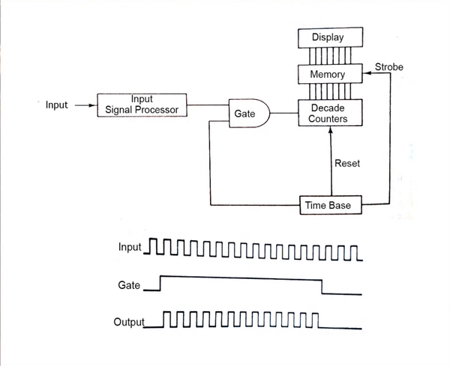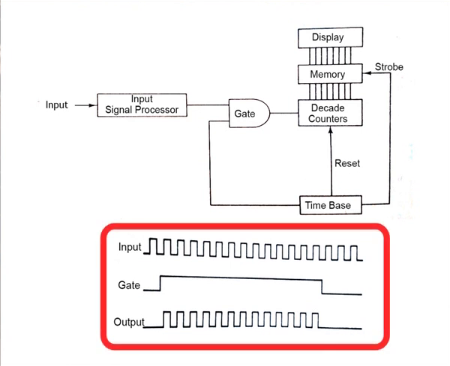Now, before the beginning of the next measurement cycle, the time base also generates a reset signal, because the counter should be reset to 0. But at the same time, since the memory has the previous count stored in it, the display will remain stable unless the next strobe signal is generated after the next measurement cycle.